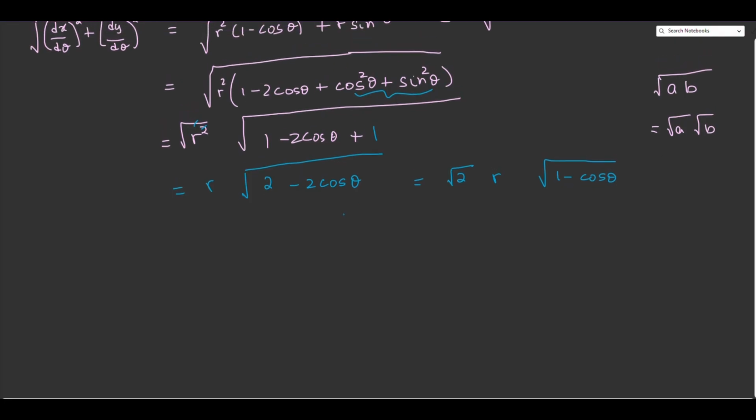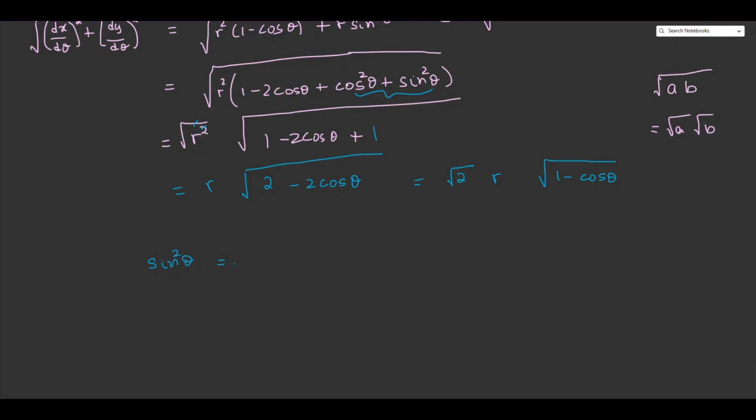Now we replace theta by theta over 2 in this equation, and we get the identity sine square of theta by 2 is equal to half of 1 minus cosine of theta.